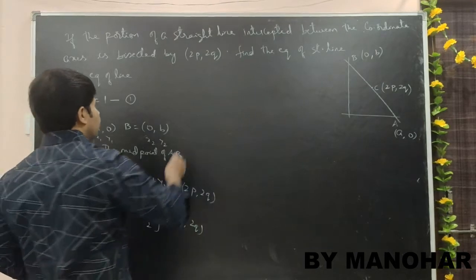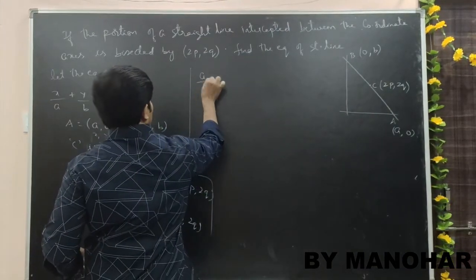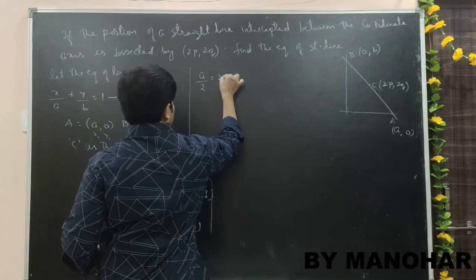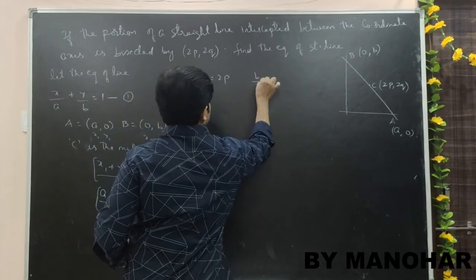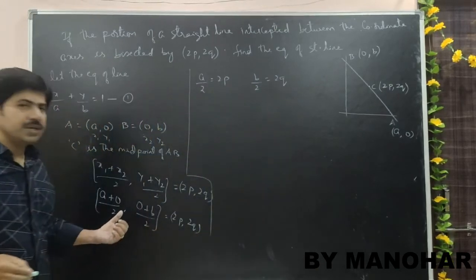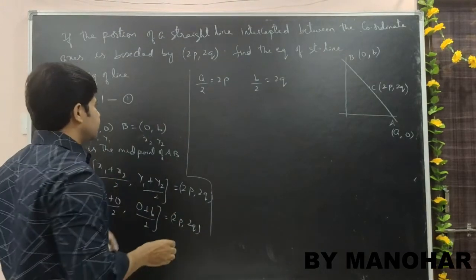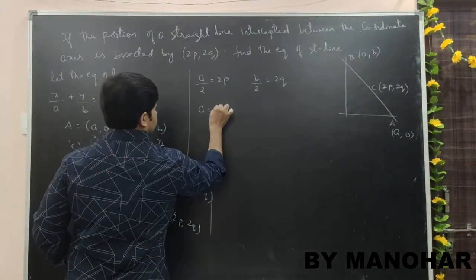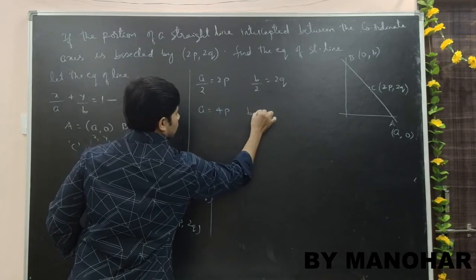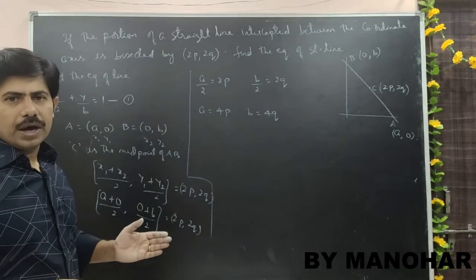So what we get is a by 2 is equal to 2p, and b by 2 is equal to 2q. So what is the a value? It is 4p. And what is the b value? It is 4q. So we got the a value and b value.